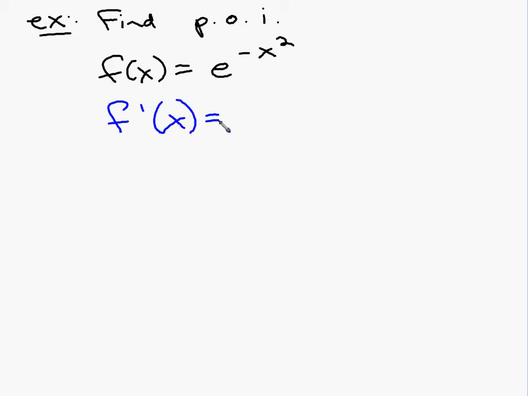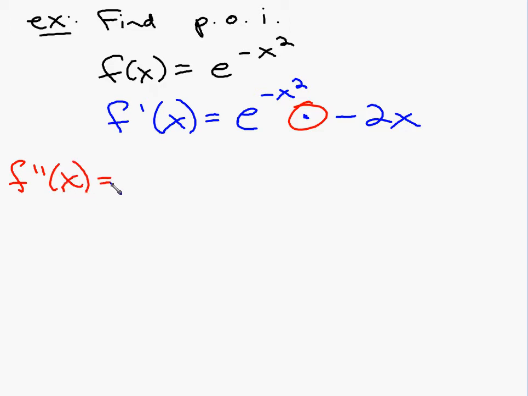Find the derivative. So the derivative of e to the negative x squared, we use the chain rule, is e to the negative x squared times the derivative of the negative x squared, which is negative 2x. Now, if we're talking about points of inflection, I need the second derivative. So now I'm doing the derivative of this, which is a product, so I have to use the product rule.